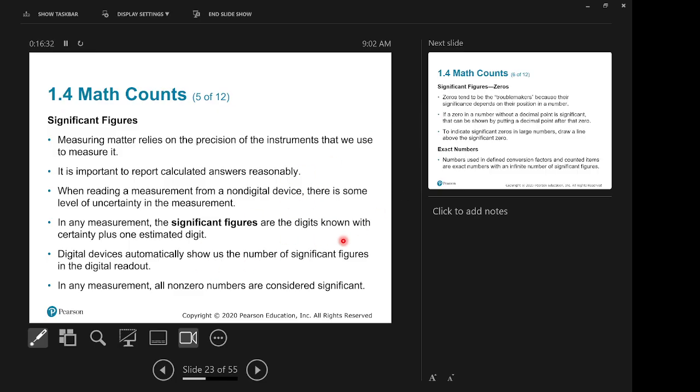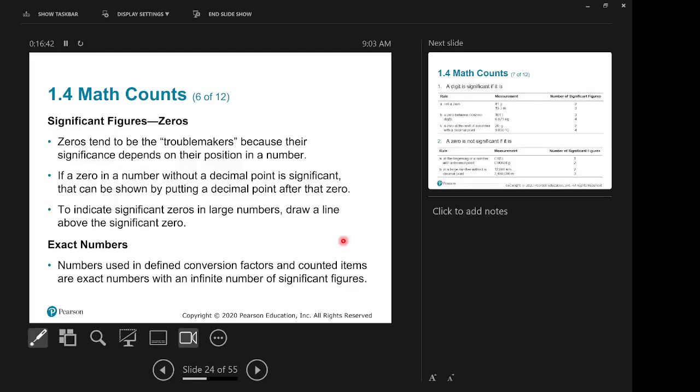Okay, in any measurement, all non-zero numbers are going to be considered significant. So anything that's a non-zero is always significant, okay? Because you wouldn't put it there if it wasn't significant. All right, let's talk about significant figures that are zeros. Now, zeros can sometimes be placeholders, can't they?